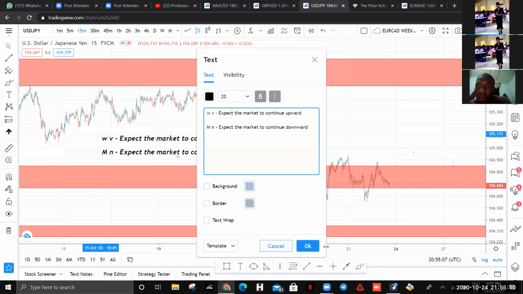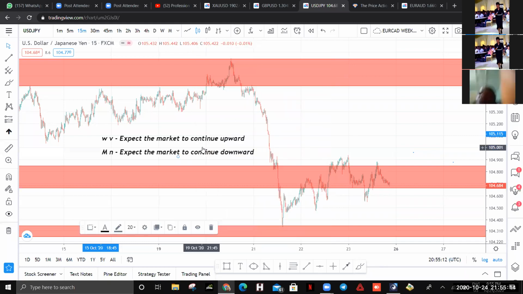Thank you to those who saw it and corrected me. Now, when you see a V and a W, expect the market to continue upward. When you spot an M and a cone, the cone just like a pyramid, the Egyptian pyramid, expect the market to continue downward.